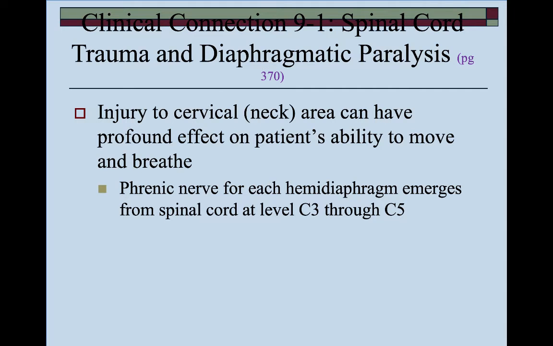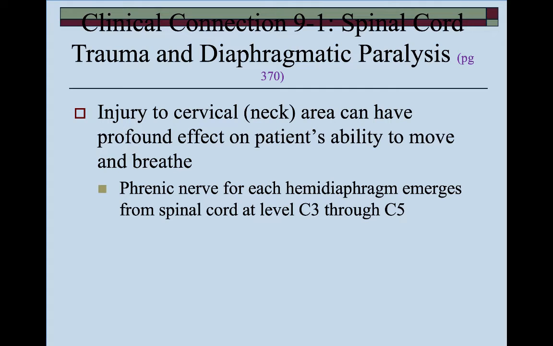Now, there is also a clinical connection on page 370 about spinal cord trauma and diaphragmatic paralysis. Now this has an important landmark. Let's talk about that. Injury to the cervical neck can have a profound effect on a patient's ability to move and breathe.